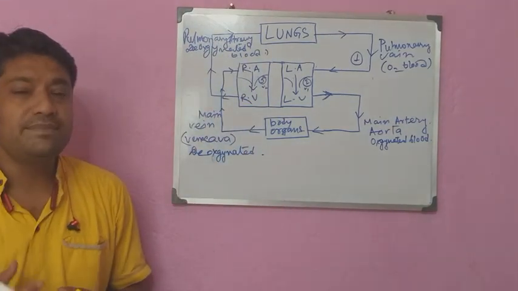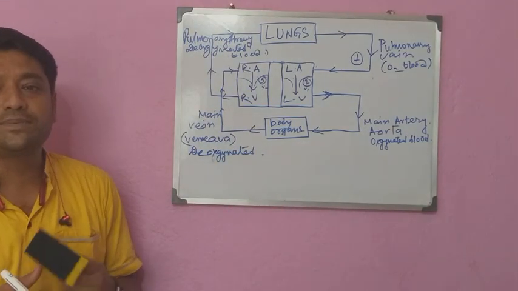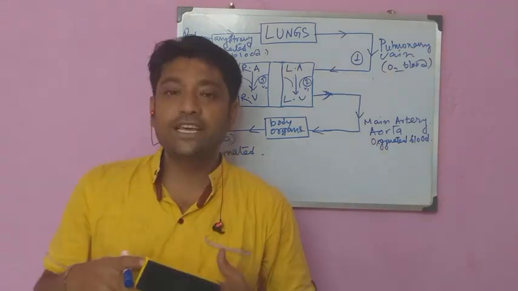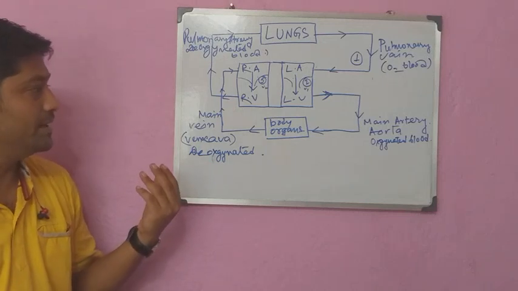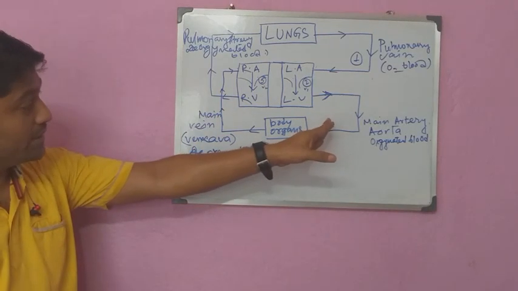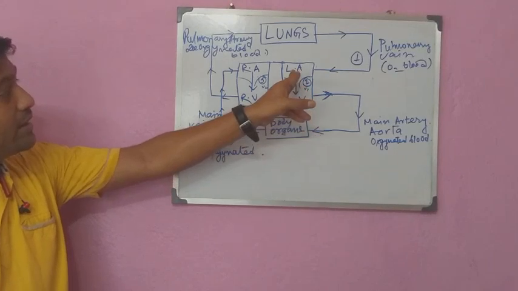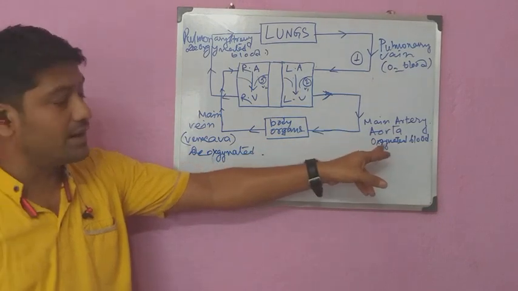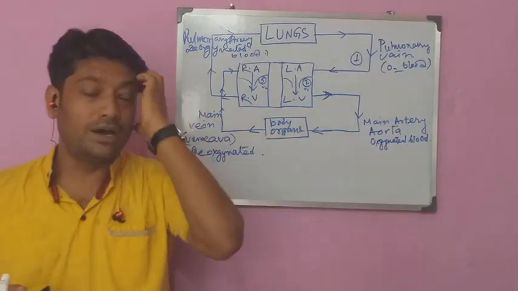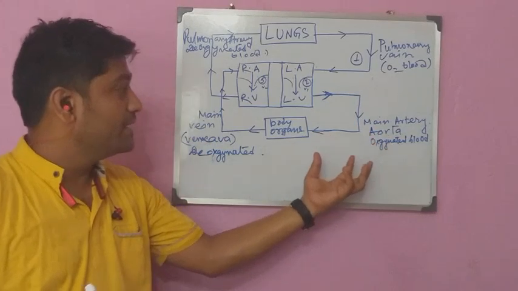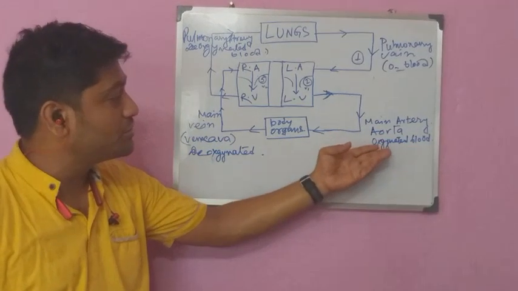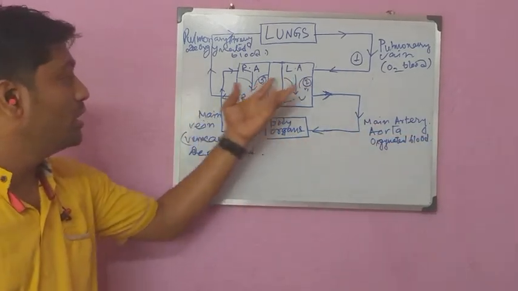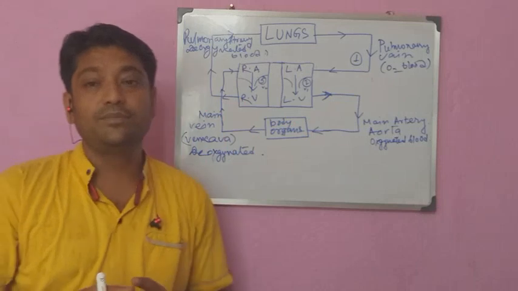At the same time, carbon dioxide, produced as a waste material during respiration, enters into the blood. Look here: when the left atrium pumps to the left ventricle, the aorta receives all the blood, and the main artery carries oxygenated blood to all body parts.